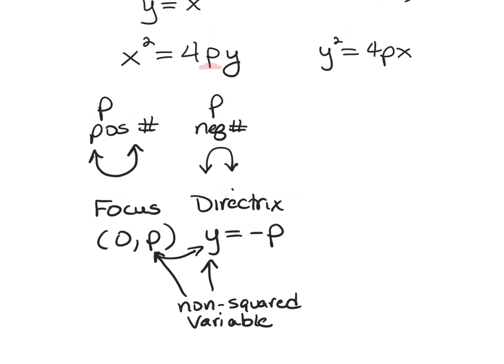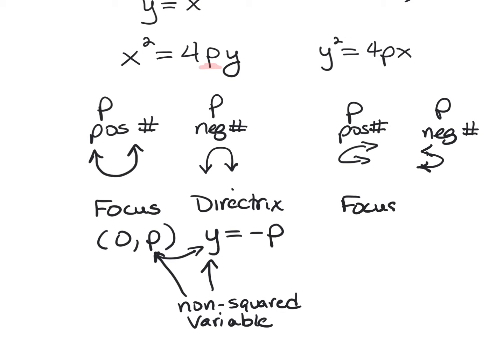And then over here, when it's the y squared, when p is a positive number, it's the c. When p is a negative number, it's the backwards c. And again, your focus, the non-squared variable is x, so that's where the p goes.